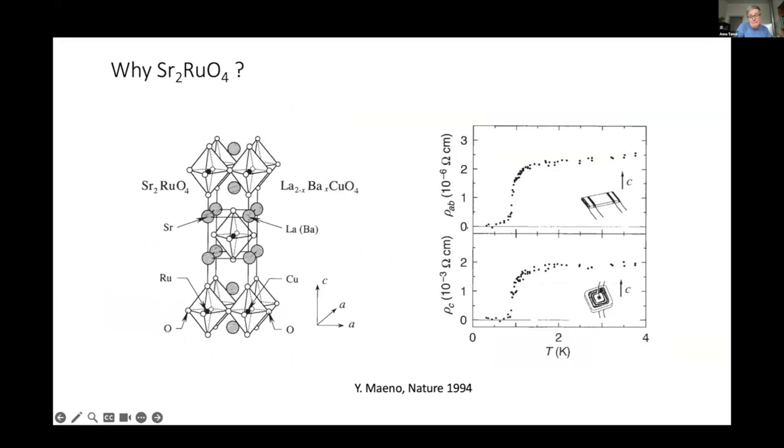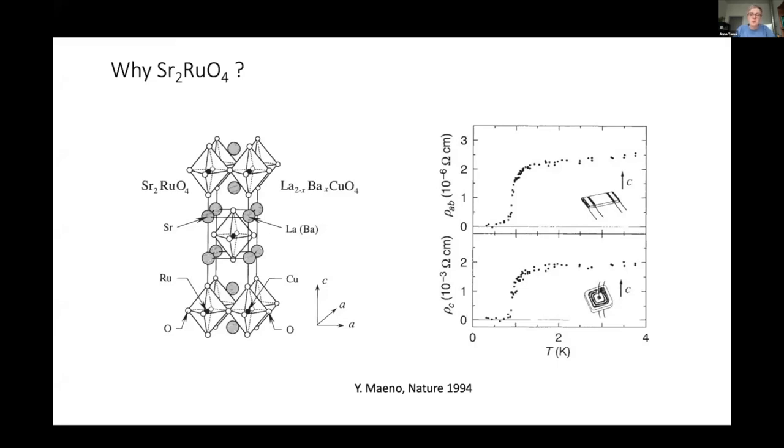And the interest in the material came from the observation of unconventional superconductivity. It was one of the first layer perovskites, other than cuprates, to show superconductivity. And for nearly 30 years, people are still discussing what is the symmetry of the order parameter in strontium-2 ruthenium-04.